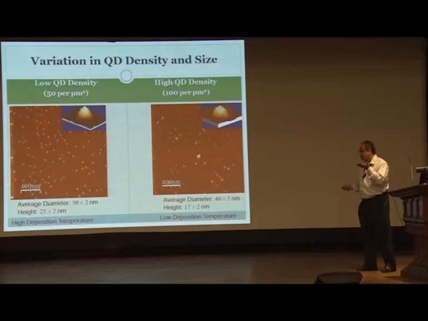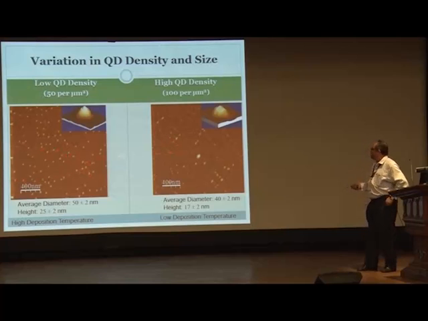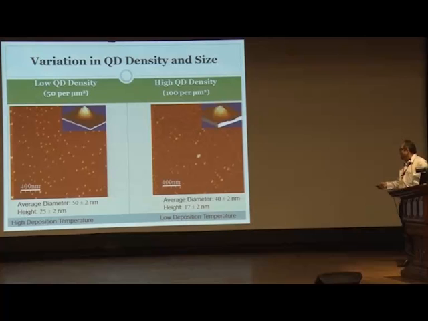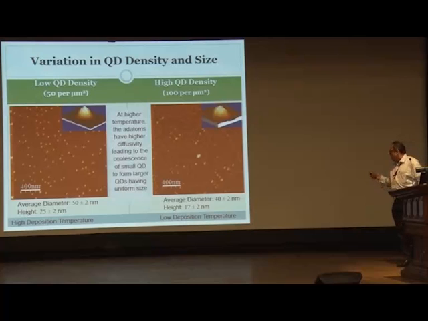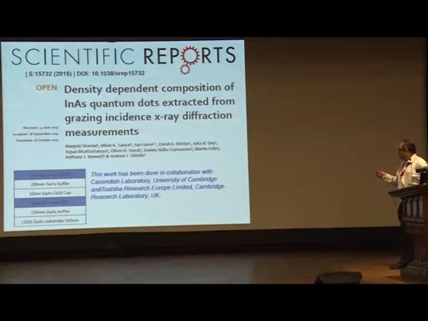So it is grown on the same substrate, at the same time, but simply by keeping a temperature profile, you can change the density of the quantum dots in one portion of the substrate with respect to the other, and that changes the average diameter and height and everything. So this is what we published. This was one of Manjula's papers.